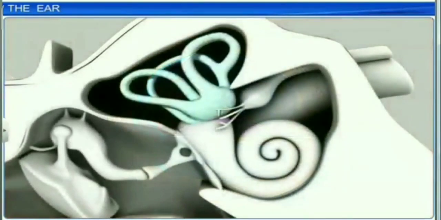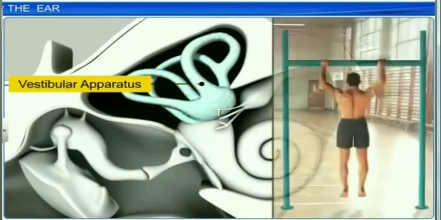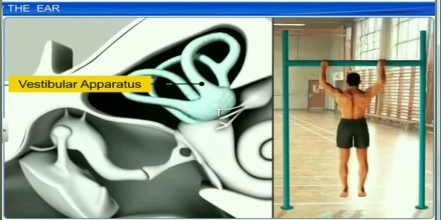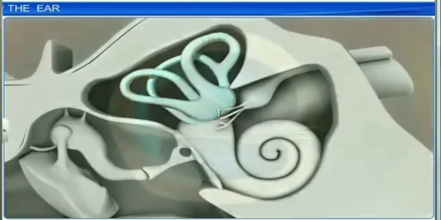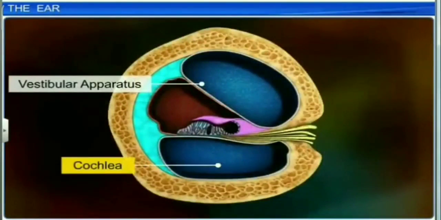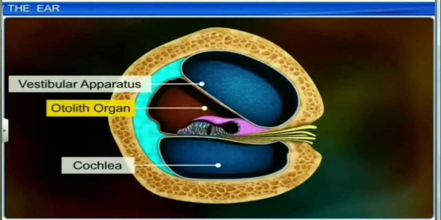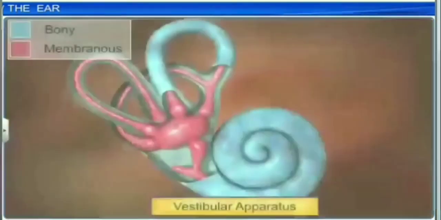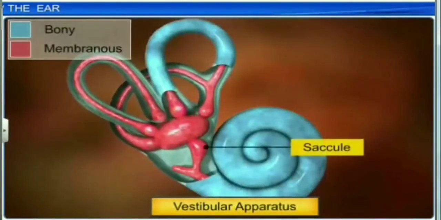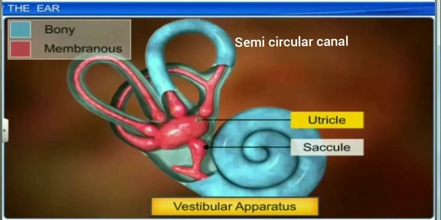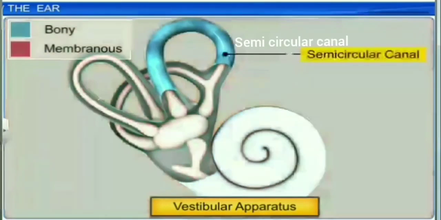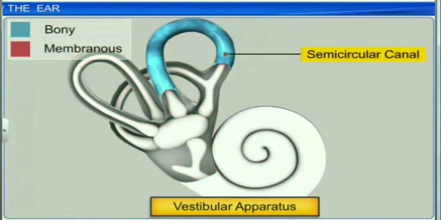Besides the cochlea, the inner ear also has a vestibular apparatus which is composed of 3 semicircular canals and a utriculosaccular region with otolith organ. Now these 3 semicircular canals lie in different planes at right angles to each other.